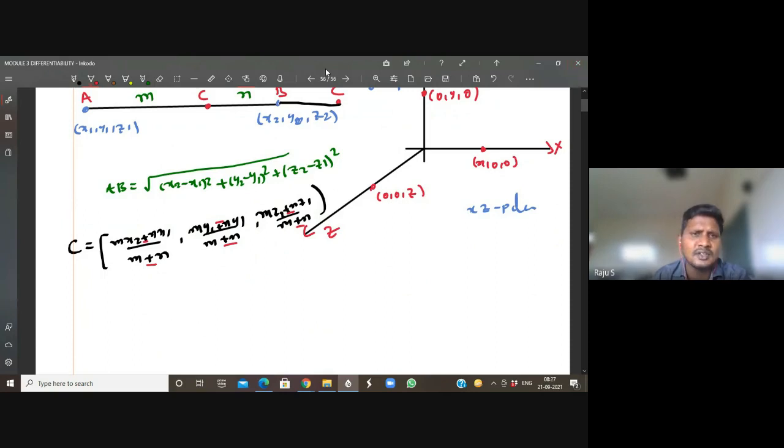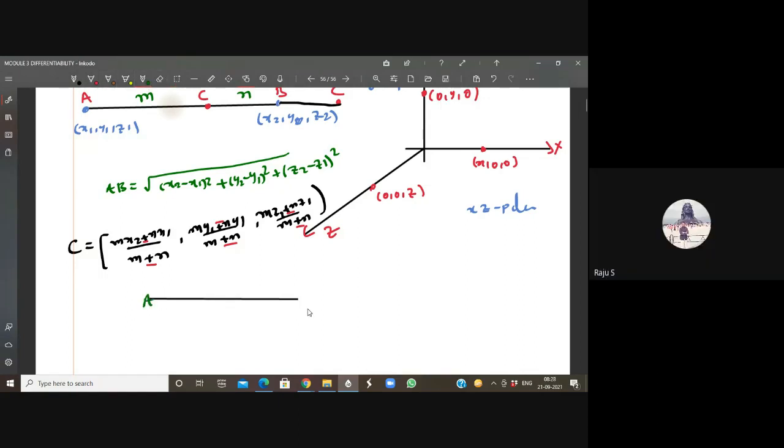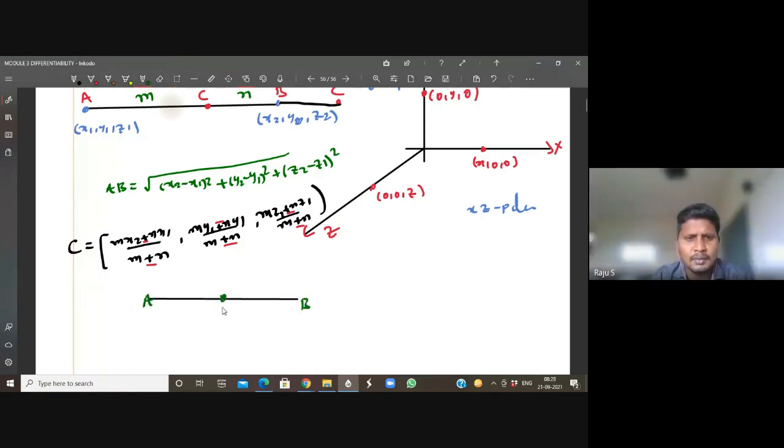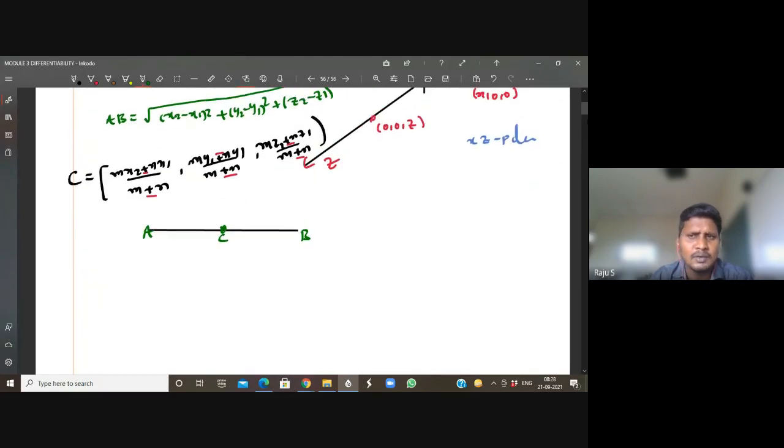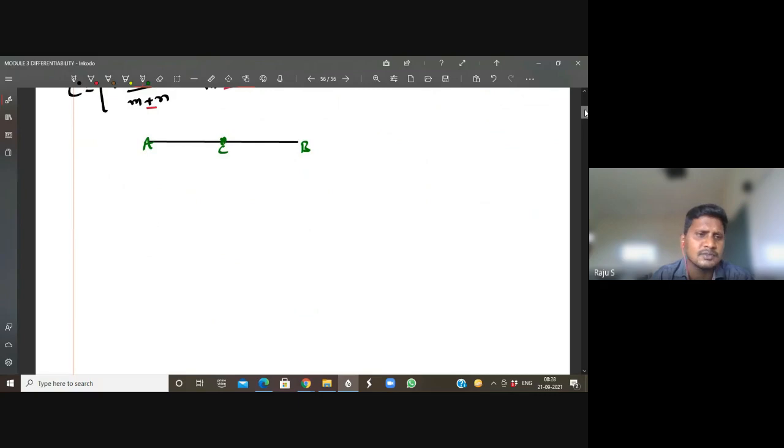And also clearly we know about the exact midpoint of AB. I want to find the midpoint of any two different points. Let us take this as A, this as B. Yes, C is the midpoint. What is the midpoint formula? x1 plus x2 by 2, y1 plus y2 by 2, z1 plus z2 by 2. Is that clear, students?